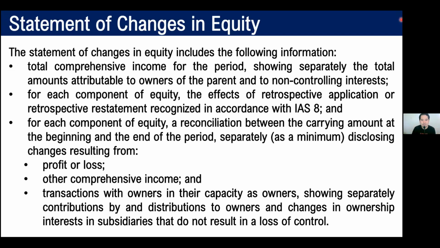Pero ang sabi po ng standard, kailangan makita sa statement of changes in equity yung total comprehensive income for the period. Syempre, i-add mo siya sa equity, kung net income siya or kung comprehensive income siya. Pero dapat naka-present separately: ano yung sa owners of the parent, ano yung sa NCI, kung consolidated FS ang ginagawa under IFRS 10, consolidated financial statements. Okay, next.